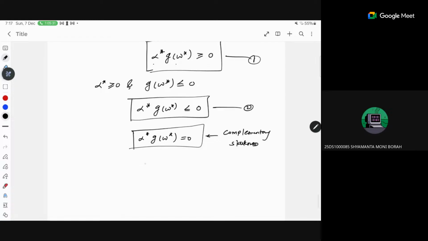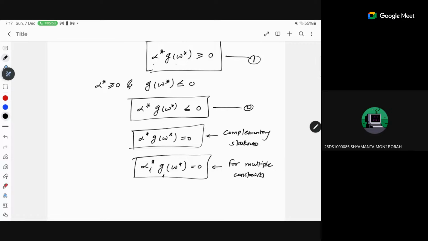And in multiple constraints, it is alpha i star g i of w star equal to 0, for multiple constraints.